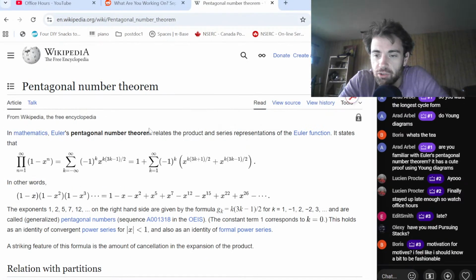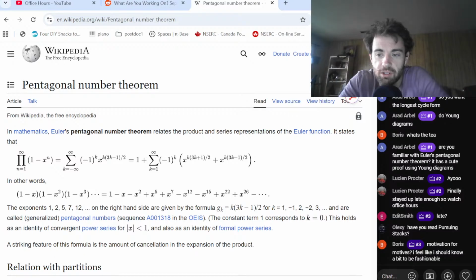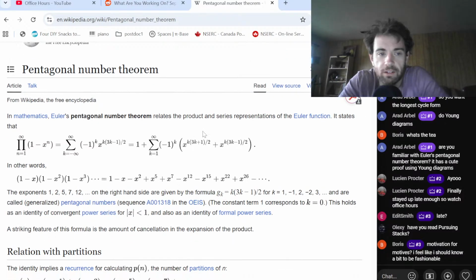Have I read Pursuing Stacks? I've not yet. Maybe I should. But I also feel like there's this balance between, should I go back and learn everything properly from the beginning in gory detail, or I'm trying to just get to the point where I can understand the research that people are working on.